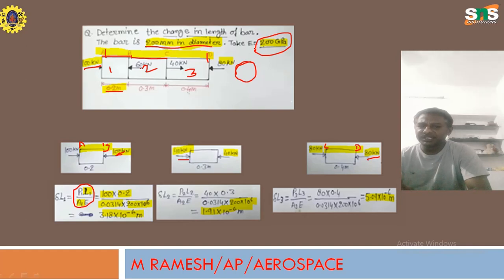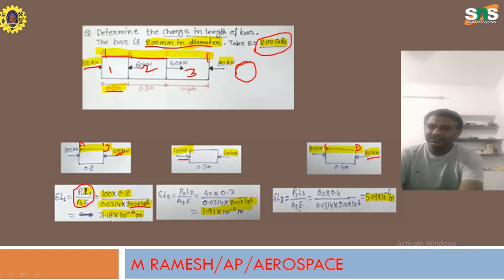So you convert into kilonewton, so you divide by 1000. 10 power 9 divided by 10 power 3 is 10 power 6 kilonewton per meter square. So Young's modulus is 200 into 10 power 6 kilonewton per meter square. Accordingly I have to find the change in length of the bar AB, BC and CD.